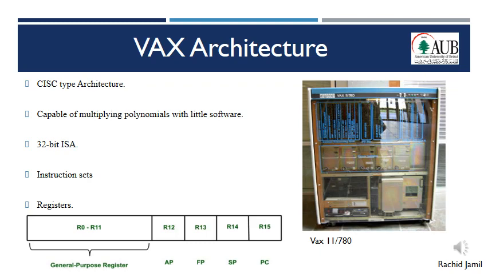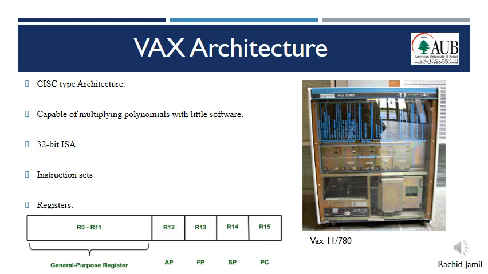Also, this architecture has 16 registers, 12 general purpose registers, and register 12 was the argument pointer register. The VAX procedure uses a data structure termed an argument list. So AP contained the address of this data structure.